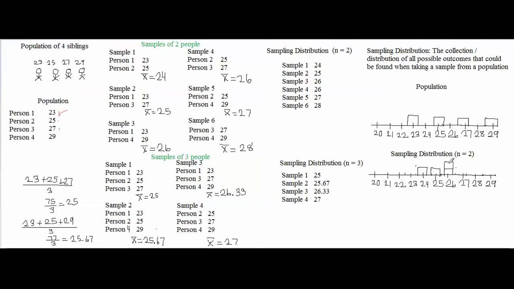So these are sample 3 and sample 4. Sample 5 had a mean of 27. And sample 6 had a mean of 28. So we'll put one more box right there. So now we've created a histogram for the population and a histogram for this sampling distribution.